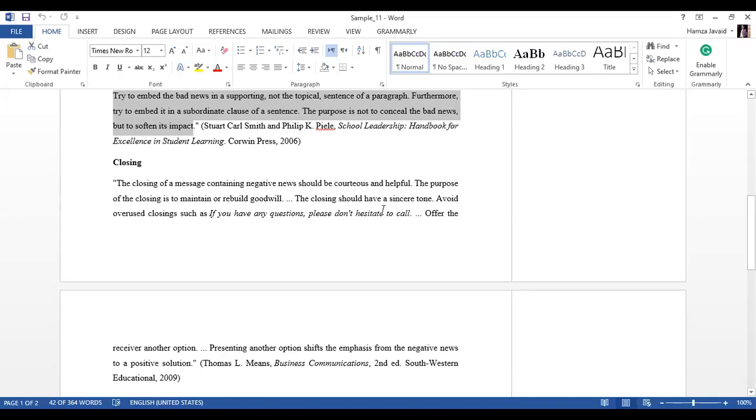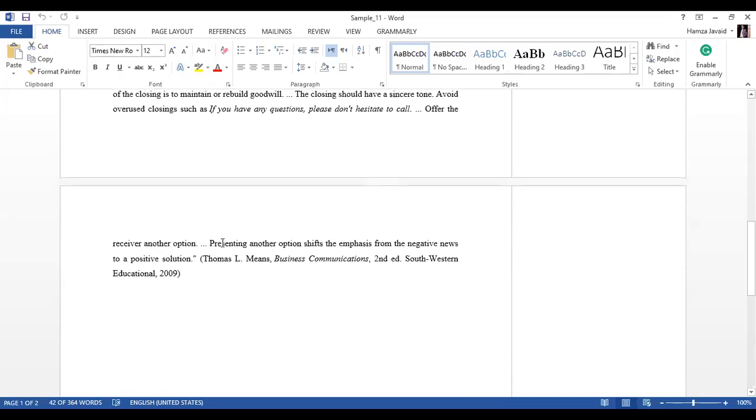The closing should have a sincere tone. Avoid overused closings, such as, if you have any questions, please don't hesitate to call. This is bad, so do not use this. Offer the receiver another option. Presenting another option shifts the emphasis from the negative news to a positive solution, from Thomas Alpin's Business Communication.